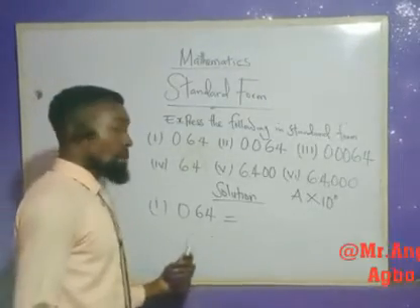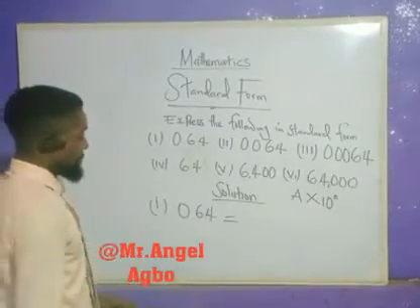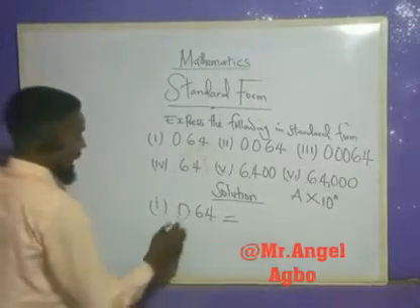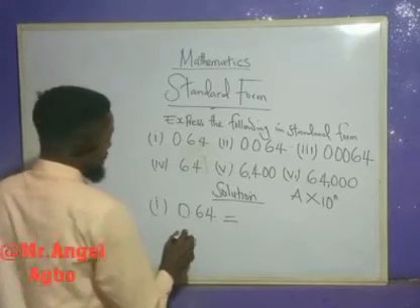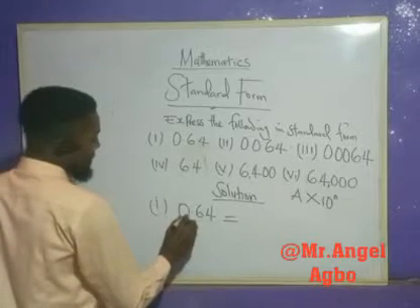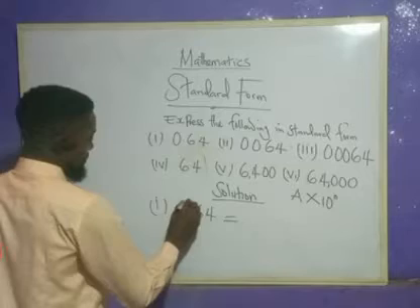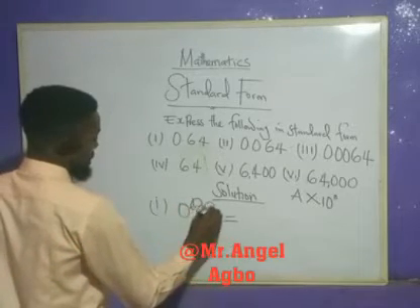A is less than 1, so it's going to give us a negative integer. Are you getting me? And now we're going to count from where the decimal point is. From here, we have 1 and 2.